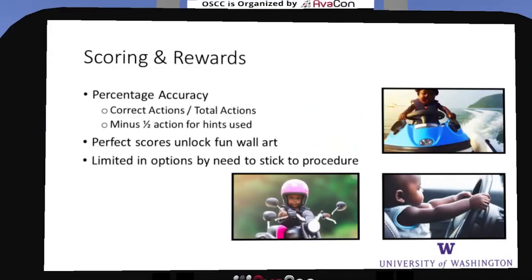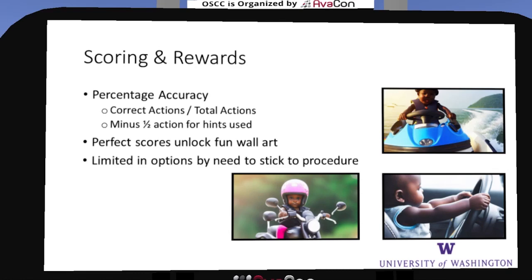We tried to figure out ways to gamify this experience. We really wanted to increase the inherent interest in playing these simulations. Unfortunately, given the rigid nature of it, it was hard to come up with too many solutions.